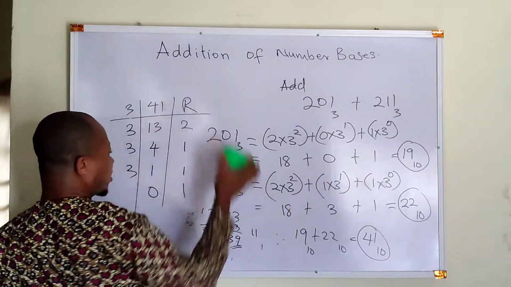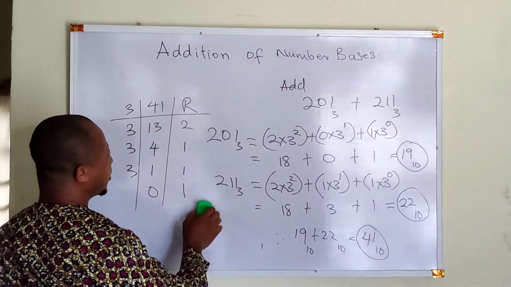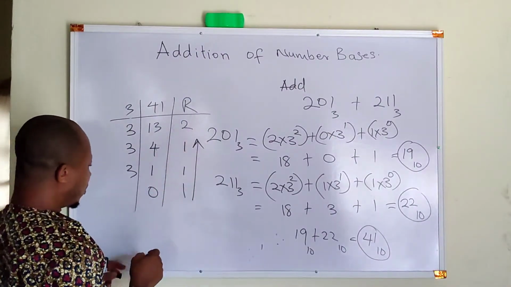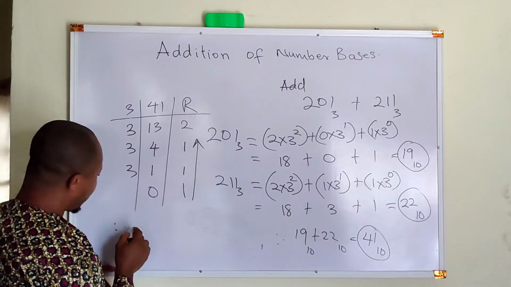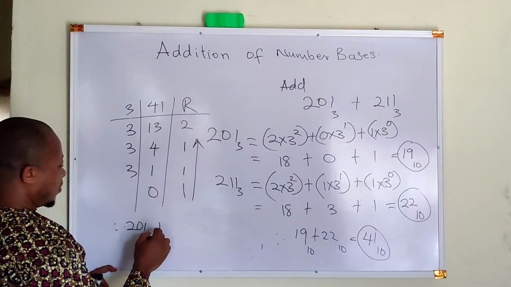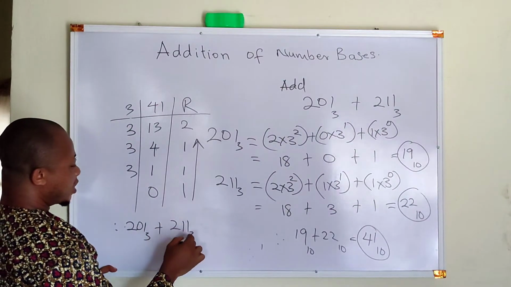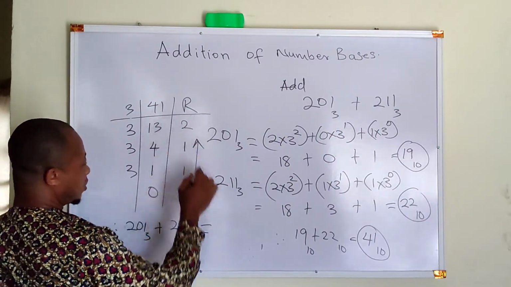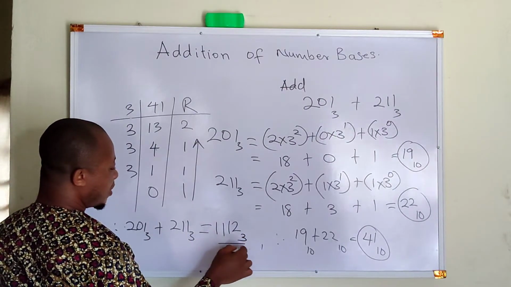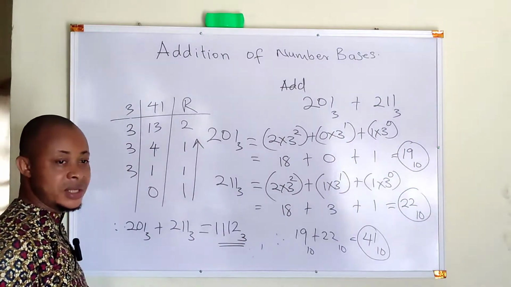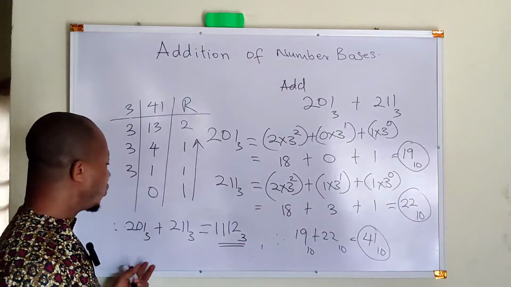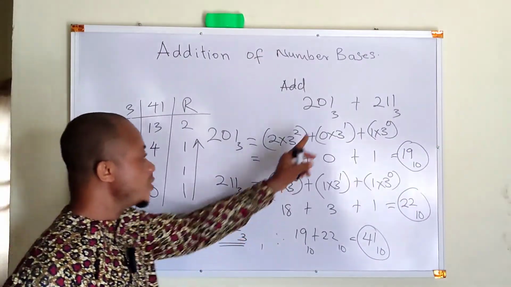Therefore, your answer will now be, counting from down to up as the arrow goes, you can say 201 base 3, that's this, plus 211 base 3 equals 1112 base 3. Remember, I told you when you are dealing with base 3, the highest digit you will see there will be 2. Okay, so this is the answer to this question.